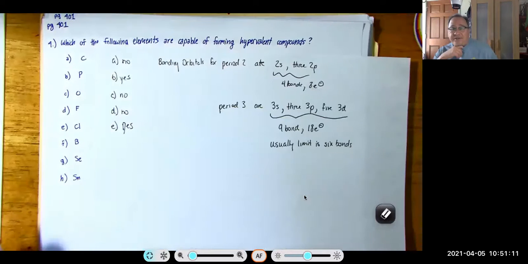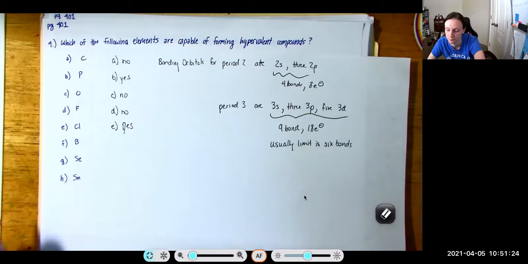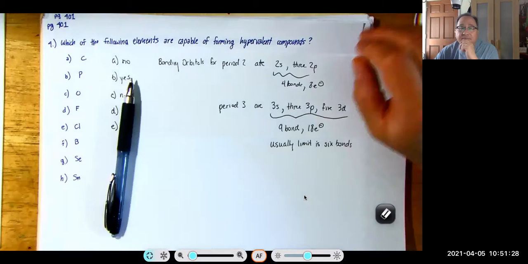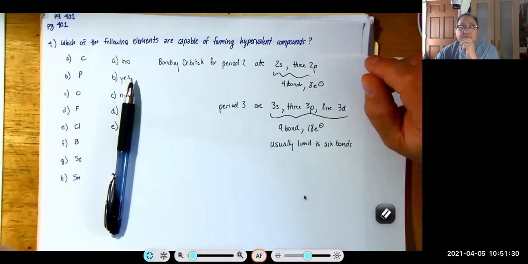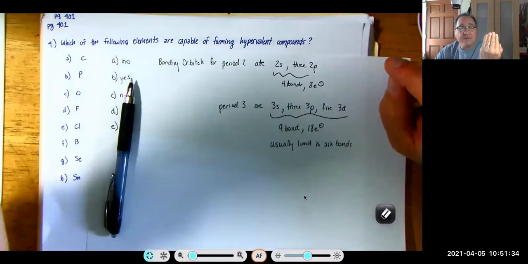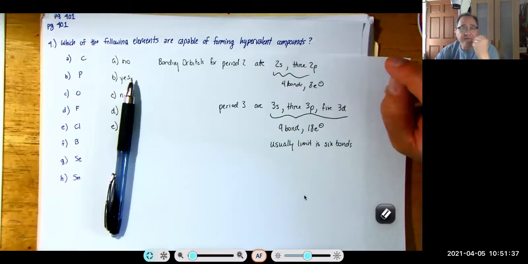And the reason for that is I want you to think about you being a central atom bonding to things. Could an atom bond to your left? Yeah. Could another atom bond to your right without bothering the first atom? Yeah. Could another atom come up and bond to you from your back without bothering the other 2 atoms?